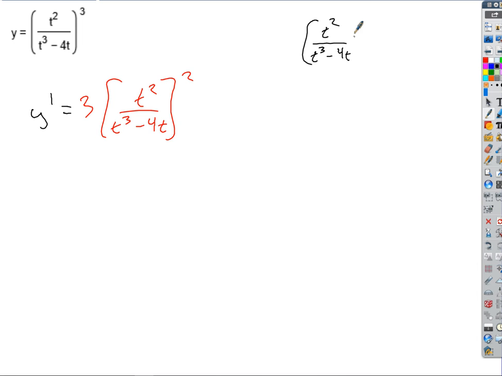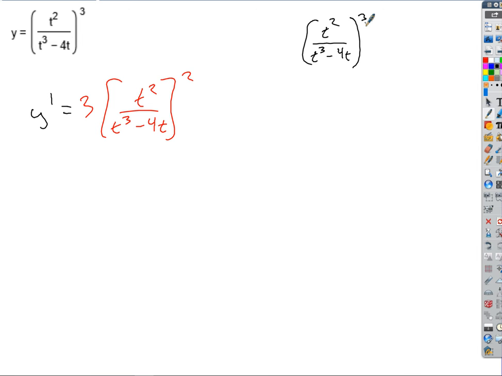Oh, there's something else I would do to this. Before we even start this problem, what could you do? Move the bottom up to the top. Well, true. You could factor a t out of the bottom and cancel a t. Everybody see that? That would be a good idea. That would make things a little simpler.